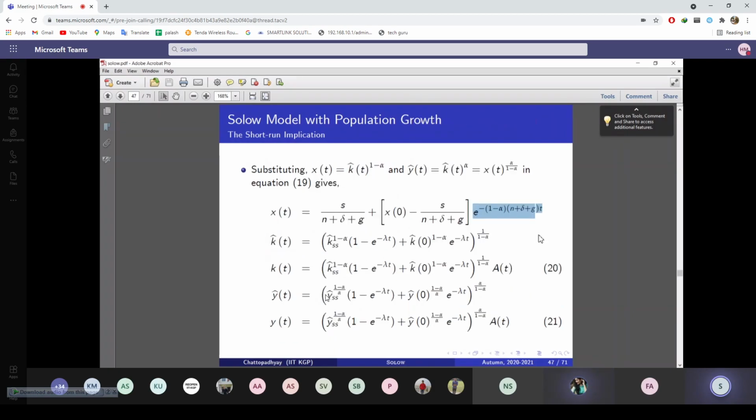Once you solve this equation, you see this integrating factor, this lambda, this part is important. 1 minus alpha times n plus delta plus g is the rate at which any variable is converging towards the steady state. This is your lambda. Lambda is 1 minus alpha times n plus delta plus g. Yes, sir.